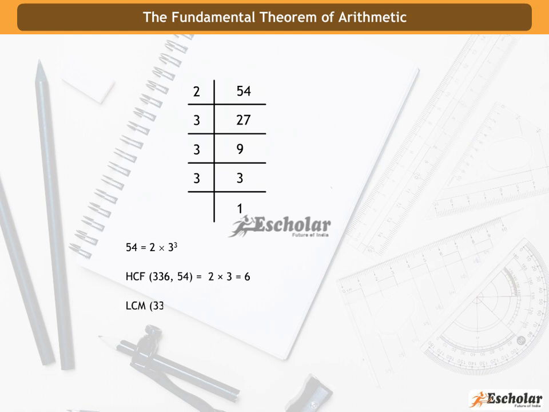Similarly, LCM of 336 and 54 is equal to product of the maximum powers of each prime factor involved in the numbers. So, the LCM of 336 and 54 is equal to 2 raised to the power 4 into 3 raised to the power 3 into 7 raised to the power 1, which is equal to 3024.